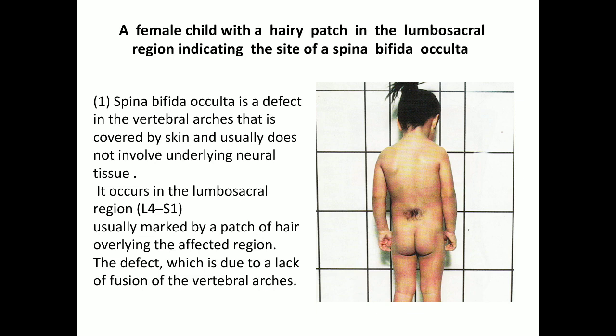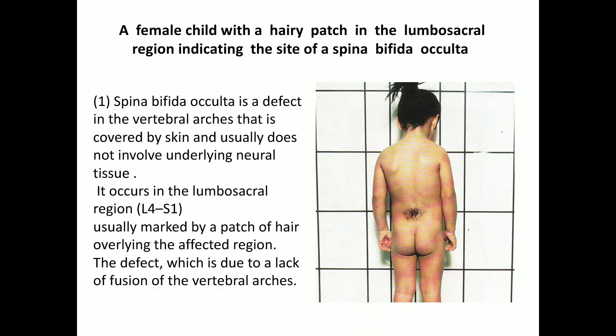It is a mild or minor defect in which there is a defect in the vertebral arches. The overlying area is covered by skin, and it usually doesn't involve any neural tissue.